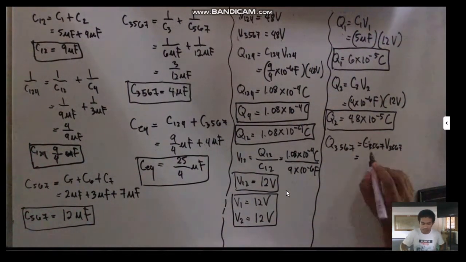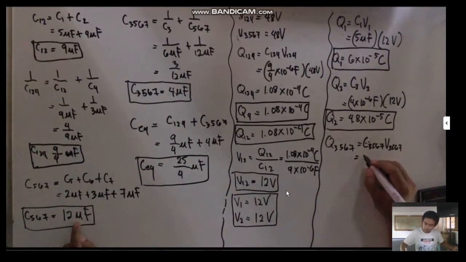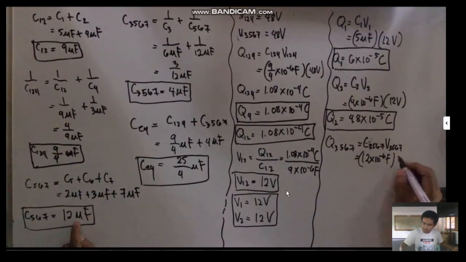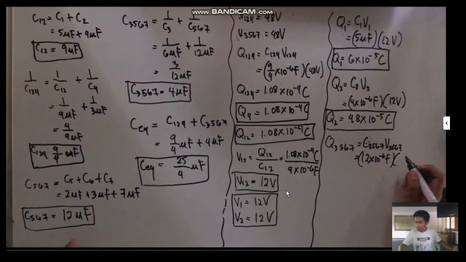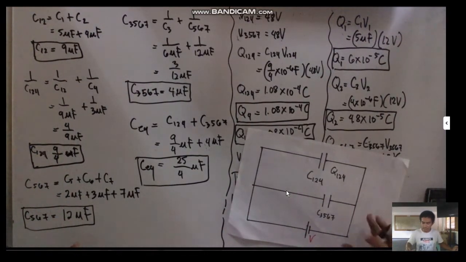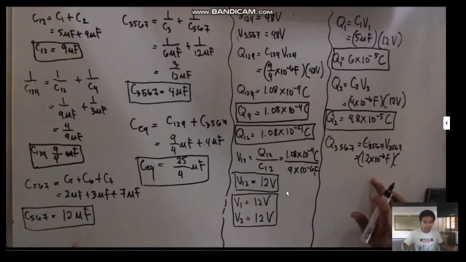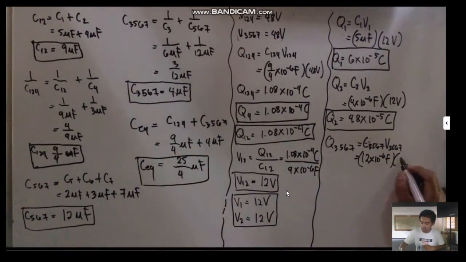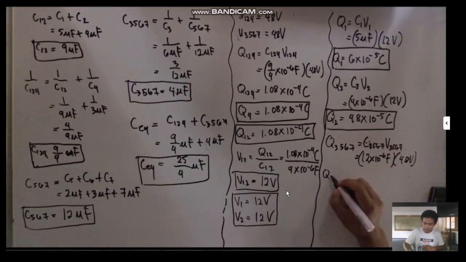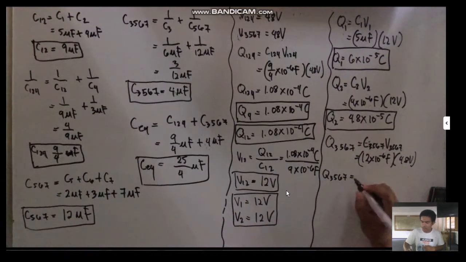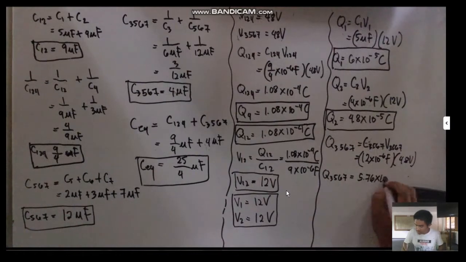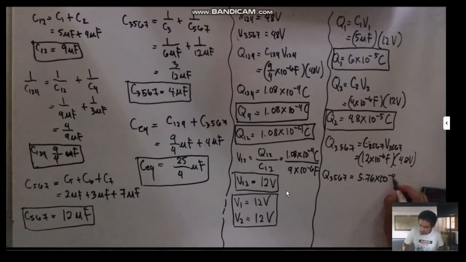What is the capacitance of 3567? It's 12 microfarad, so 12 times 10 to negative 6 farad, multiplied by the equivalent voltage of this equivalent capacitance of 3567, which is 48 volts. So Q3567 equals 5.76 times 10 to negative 4 coulomb.